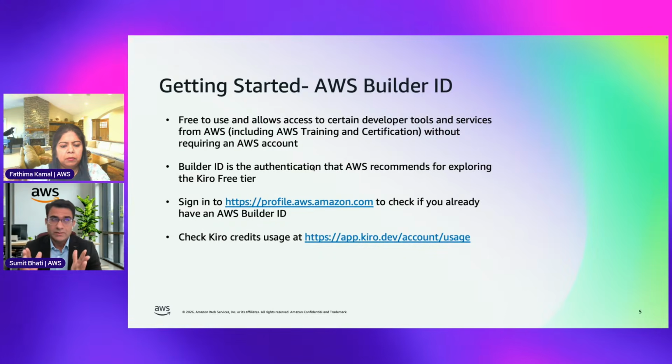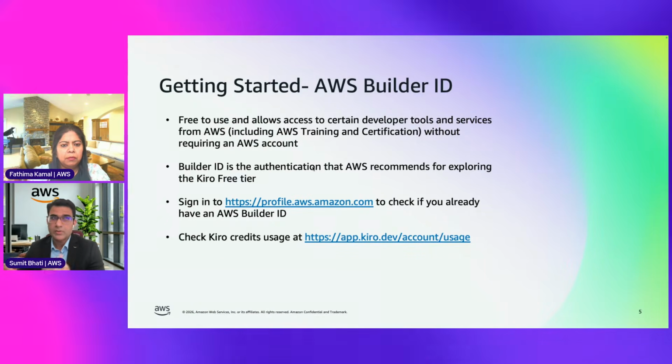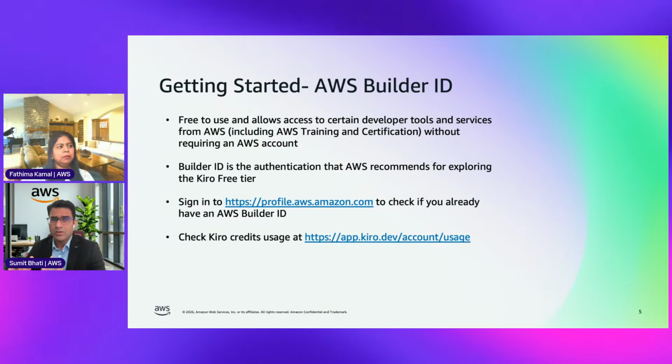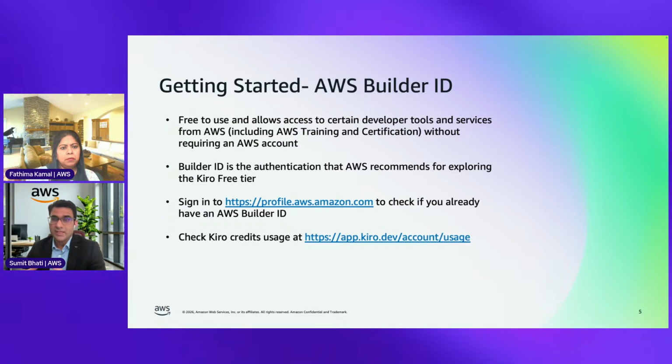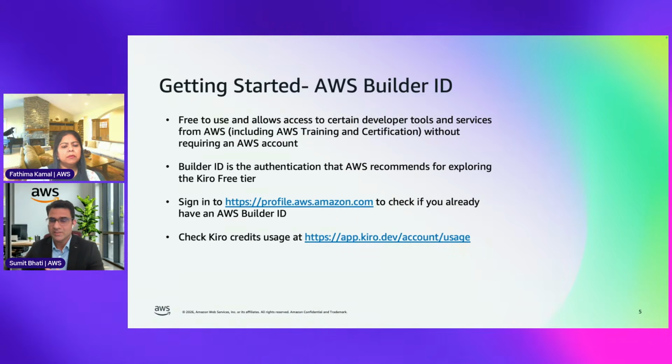So we have a workshop. In order to run this workshop on your own, you need to have an AWS Builder ID, which is free to use and allows access to certain developer tools and services. If you have taken an AWS certification, you must have that AWS Builder ID. You can check in your AWS certification account.